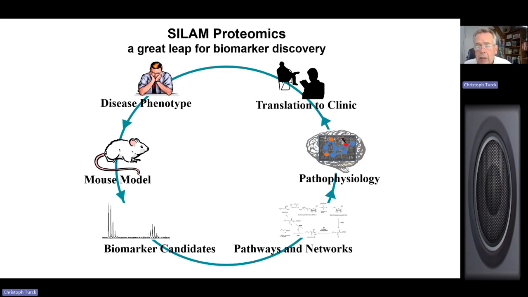And then we came in, did our biomarker studies by mass spectrometry with the objective to elucidate pathways and networks, molecular networks that are affected in these phenotypes to get a better understanding of the pathophysiology. And the ultimate goal, of course, was to translate these data to the clinic. And I'm going to just present one example here of how we went about this.